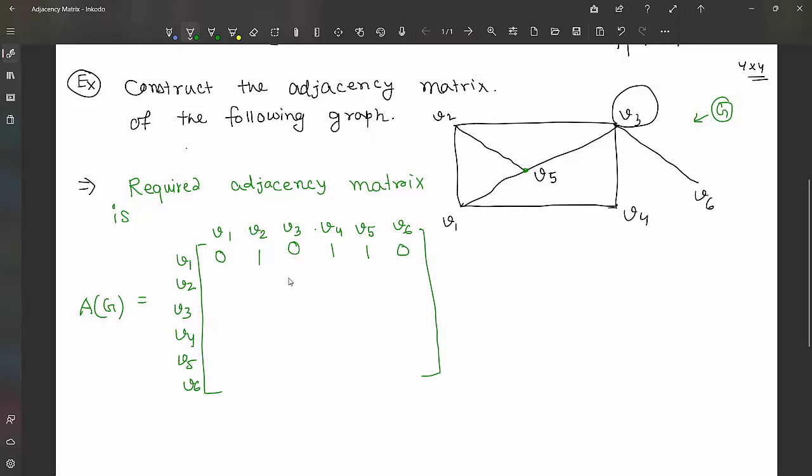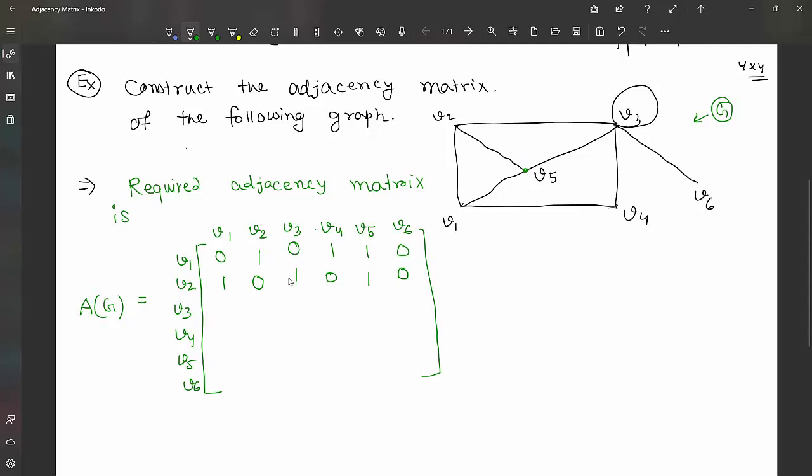Now if you take V2, V2 is adjacent to V1, so we put 1. V2 is not adjacent to V2, there is no self loop, this is 0. Then V2 is adjacent to V3, so we put 1. V2 is not adjacent to V4, we put 0. V2 is adjacent to V5, we put 1, and V2 is not adjacent to V6, so we put 0.